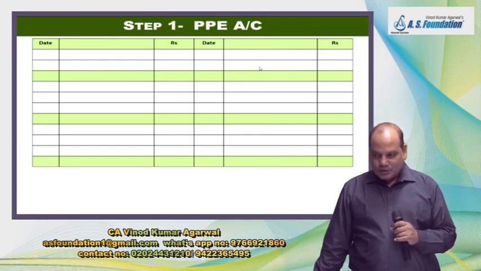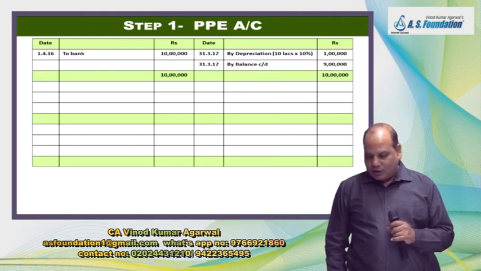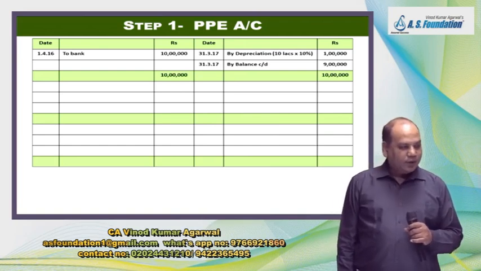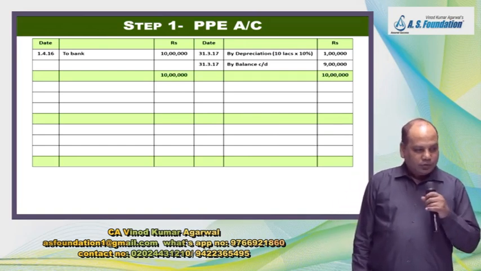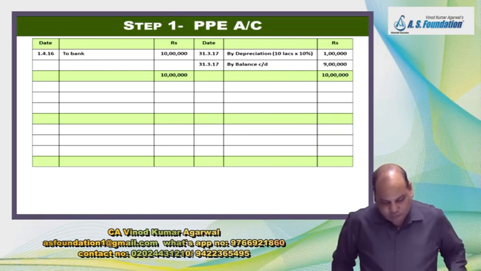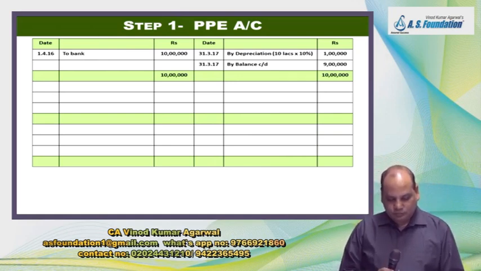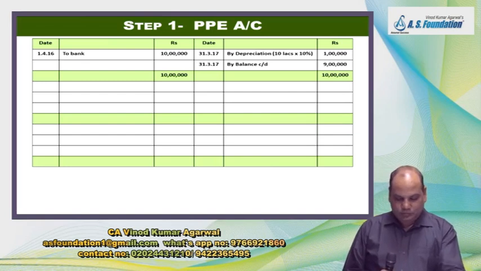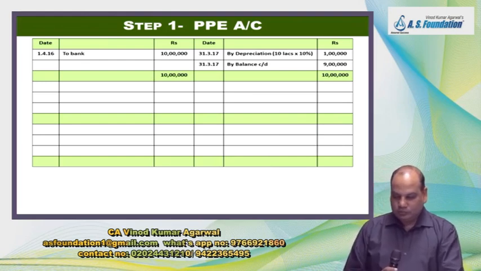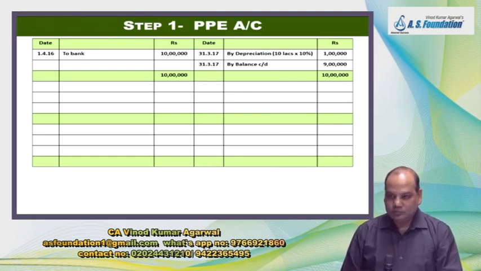Hello, write fast. First you write down year 1. Year 1 has no major action involved. 1/4/16 to bank 10 lakh. March 17, by depreciation 1 lakh.